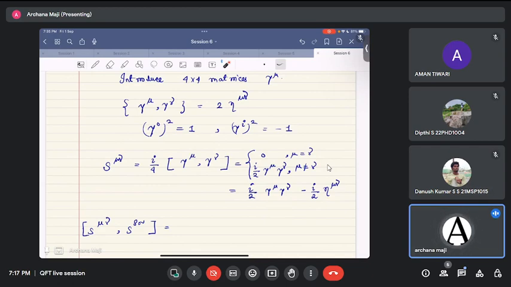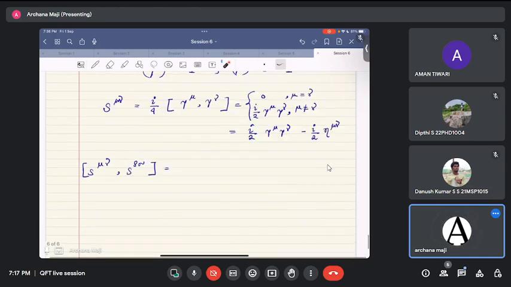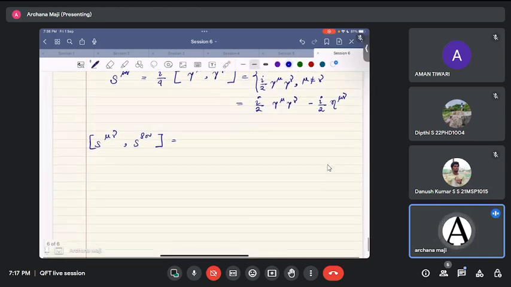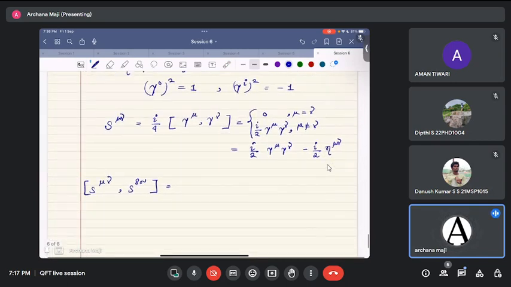Now let's figure out the commutation relation. We begin with rho not equal to sigma, otherwise this is anyway 0. So let's take rho not equal to sigma and try to figure this out.